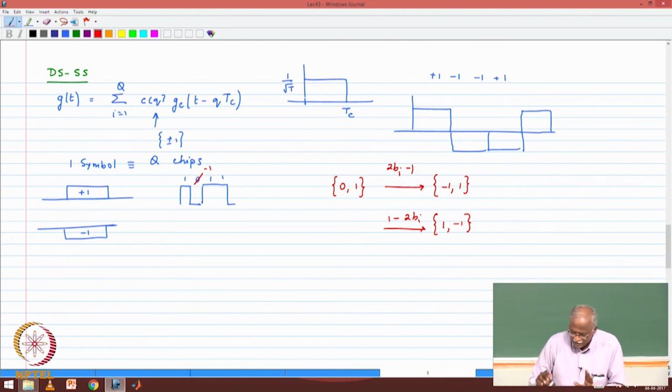So with this basic introduction, now we move from a single user system into a multi-user system, and how to build on this particular effort. But before that, let's get a feel for the communication system as a whole.